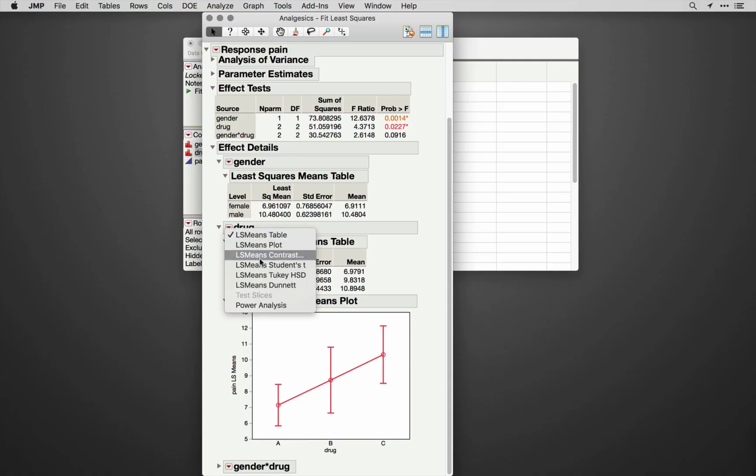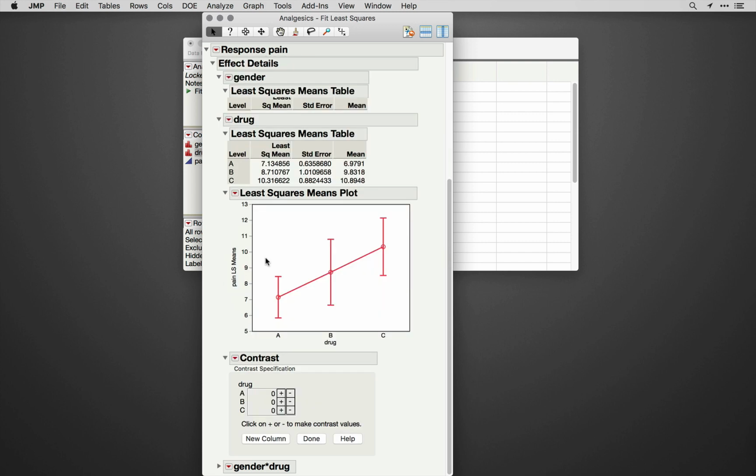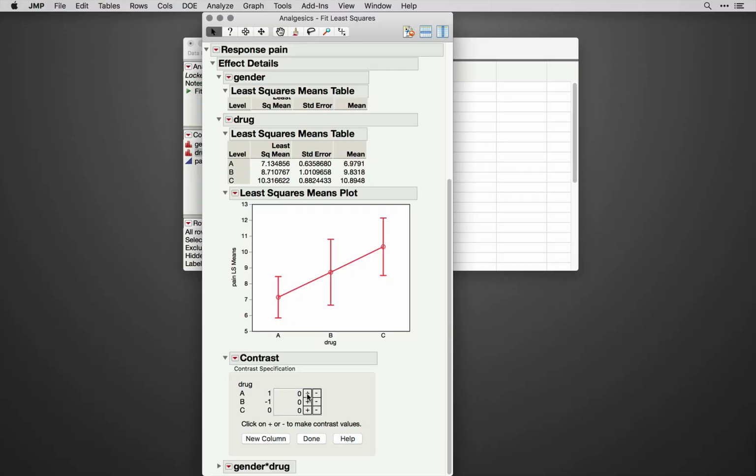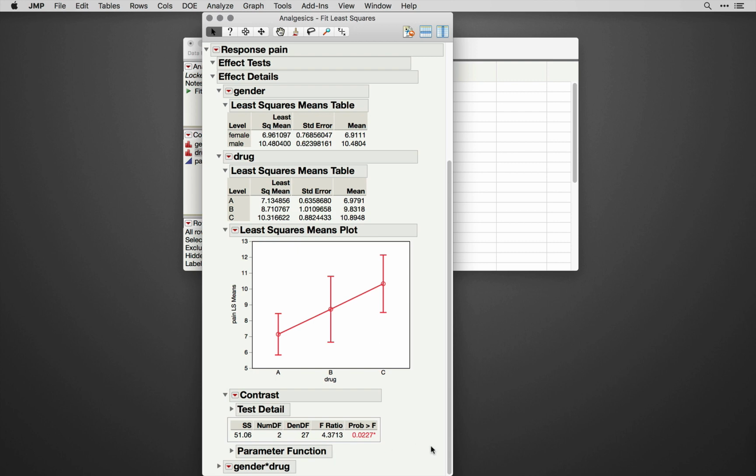And so let's actually go to the least squares means contrast panel. Let's see how we're going to enter this. I'm going to do one detector for A versus B, so -1 and +1 as those weights. I'm going to click new column, which is going to give me another degree of freedom, another detector that I'm going to sum together in this final test. And I'm going to say A versus C and click done. So this is my 2 degree of freedom contrast.